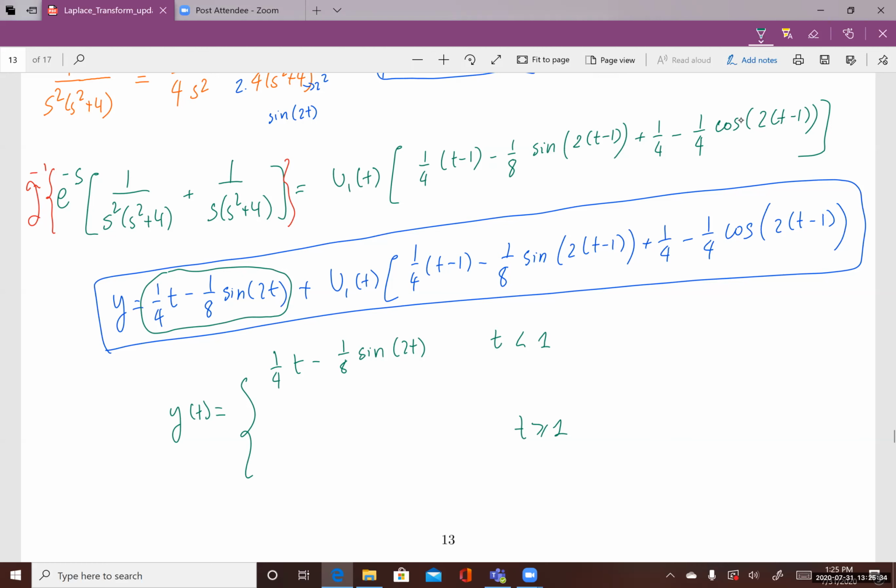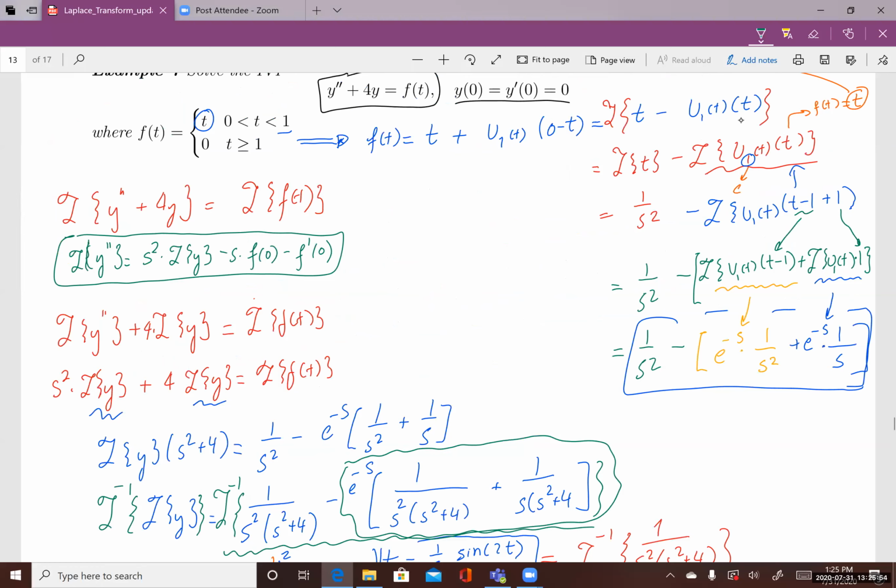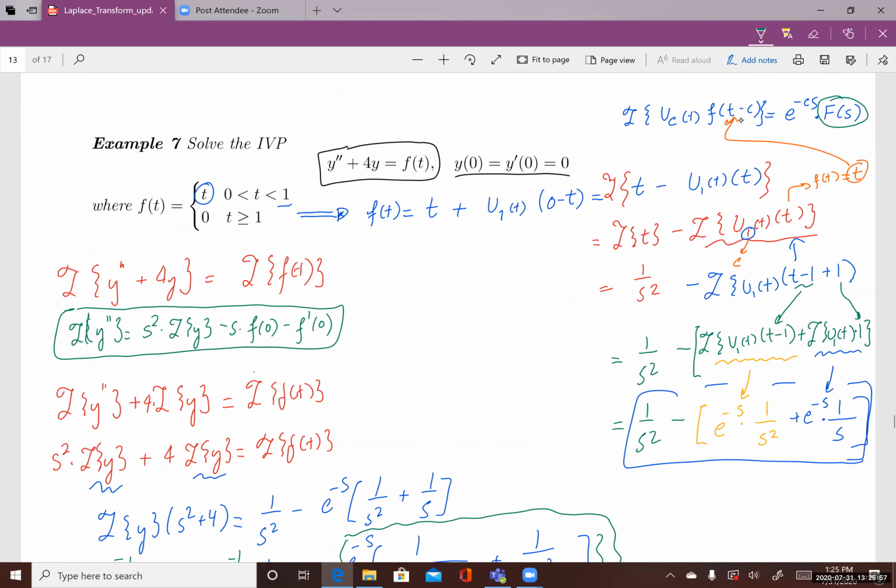When t is greater than or equal to 1, my function should be... you can see that in order to form this function from a piecewise function, this function has to be the difference between the first and the second function. That means when we convert from a piecewise function to a unit step function, in order to find this part right here, we take the value of the second function and subtract the value of the first function.